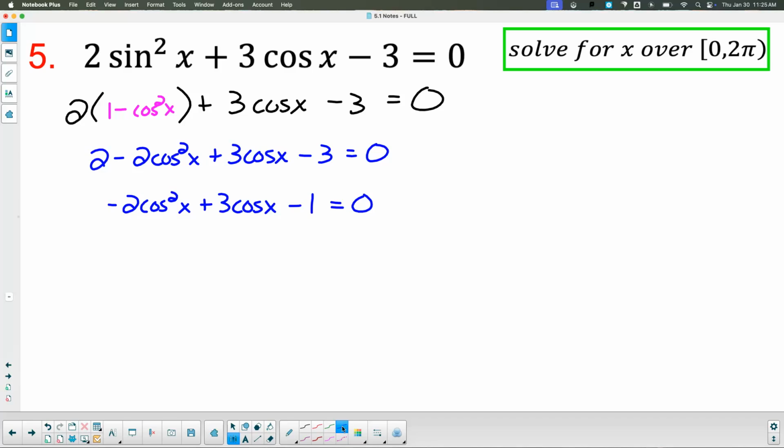Do we agree with that? 2 minus 3, I just combined my like terms. Yes? Do we agree with 2 cosine squared of x minus 3 cosine of x plus 1 equals 0?